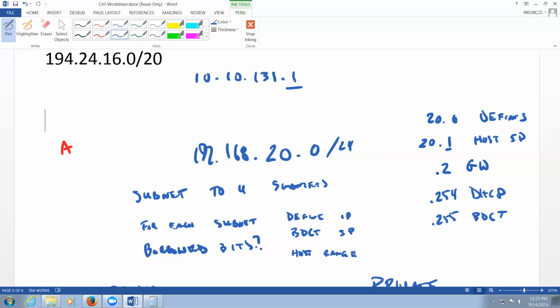So that means this network is going to be this one, and my next network is going to be 64/26. That network, that's 64, right?